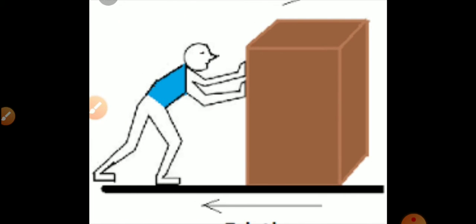Here, a man is pushing this desk in the forward direction. He is applying his muscular force. There is contact between the man and the object, so that is called contact force.